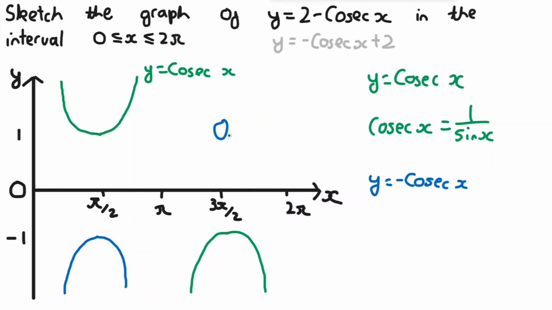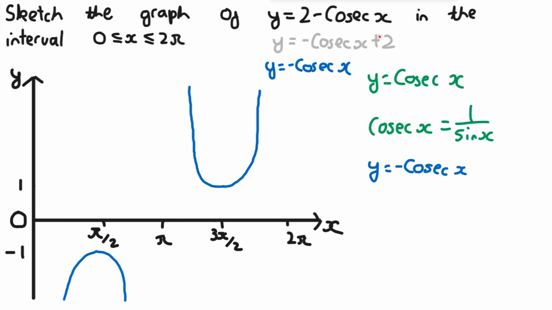Minus 1 is going to become 1, so this is now going to be like this here, and then like this here. So this is the graph of y is equal to minus cosec x, where it's mirrored in the x-axis.